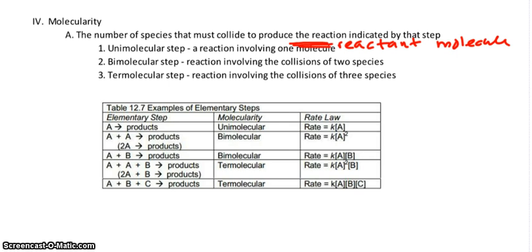So obviously a bimolecular step, bi meaning 2 molecules, is a reaction involving the collisions of not just 2 species, but of 2 reactant molecules. And then obviously the termolecular step is a reaction involving the collisions of 3 species. Well, cross out the word species and write 3 reactant molecules.